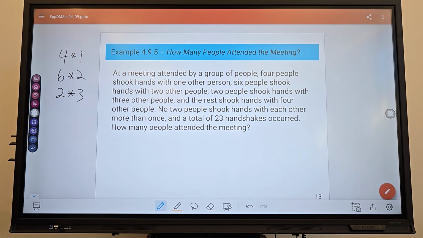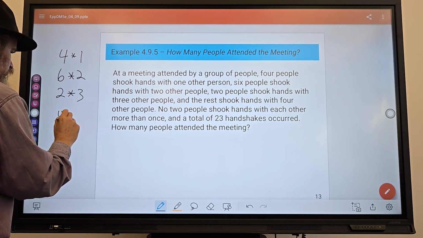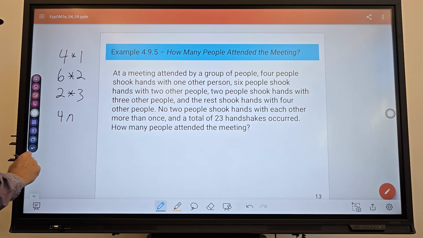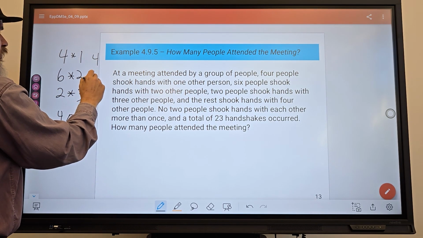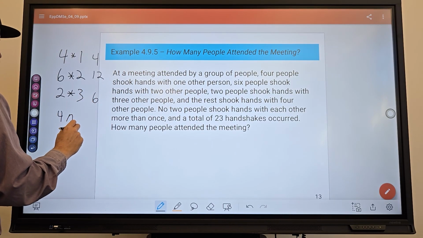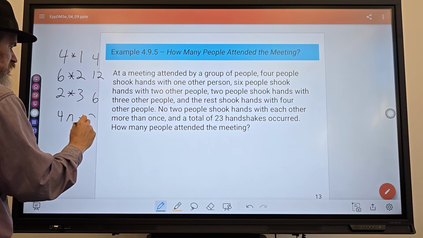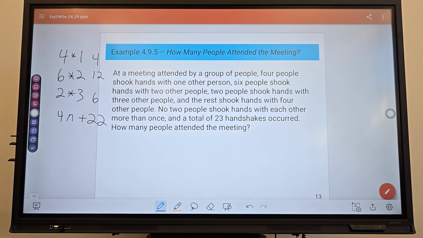And n times 4. All right, so we got 4, 12, and 6. So that's 4n plus 22 equals what?